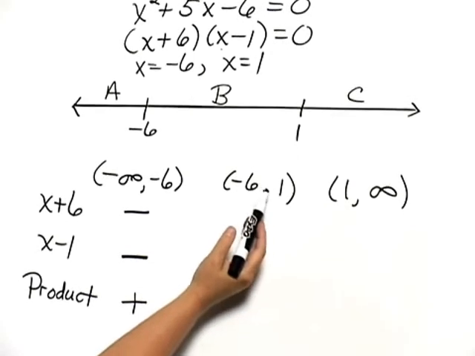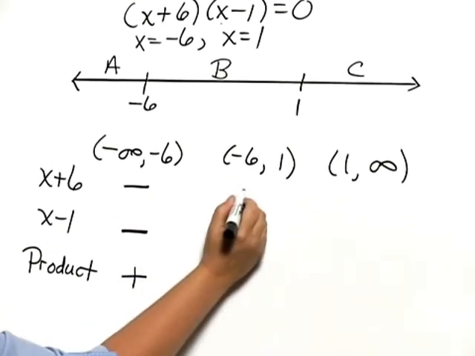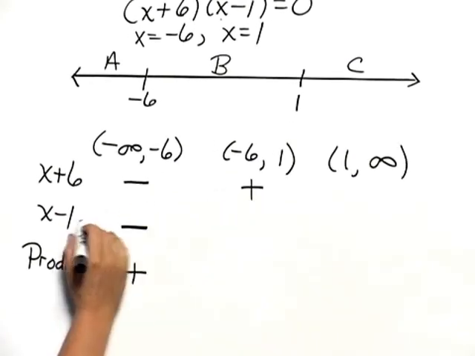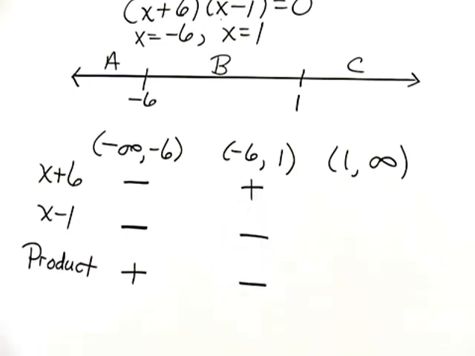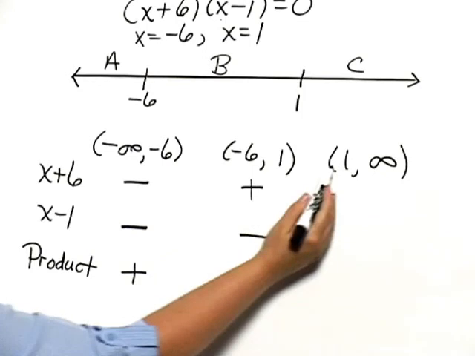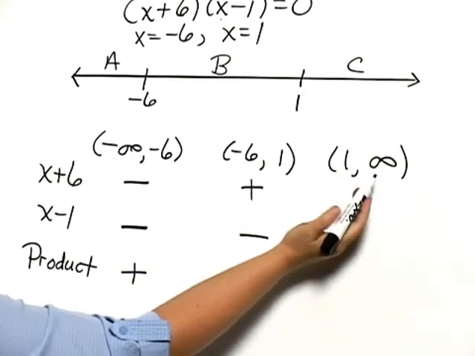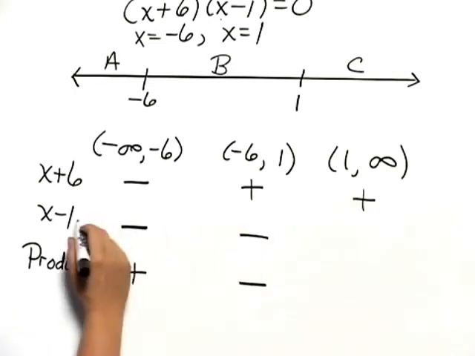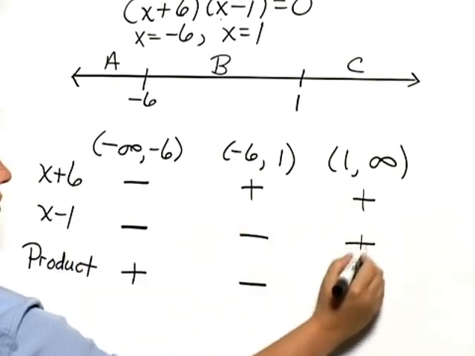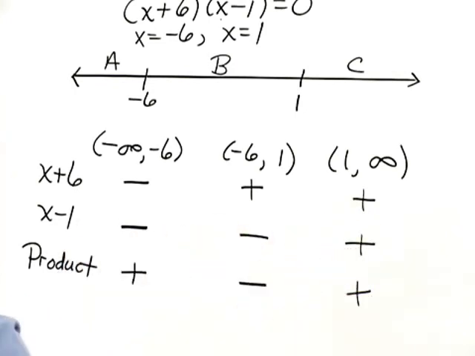For example, if x were 0, then this factor would be positive, this factor would be negative, and their product would be negative. When x is greater than 1, say 10, for example, this factor would be positive, and this factor is positive, so their product is positive.